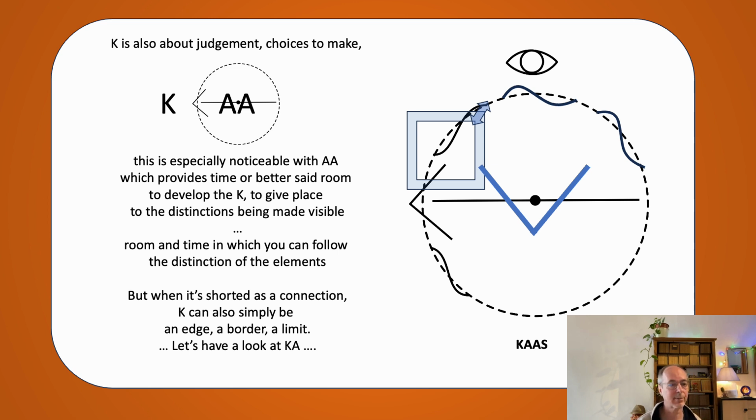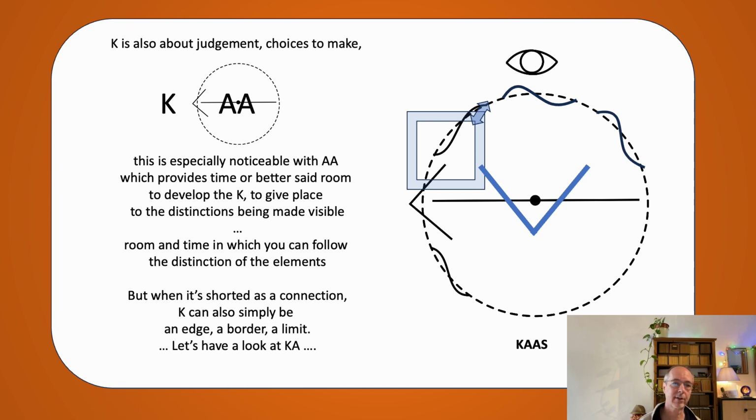So the double A helps to give you some room, some space, some interpretation. All these things can happen with the double A in combination with the K. It's this distinction that gives this space in this word. It's very different with a short A, because K in a way is just distinction. It's at the edges.